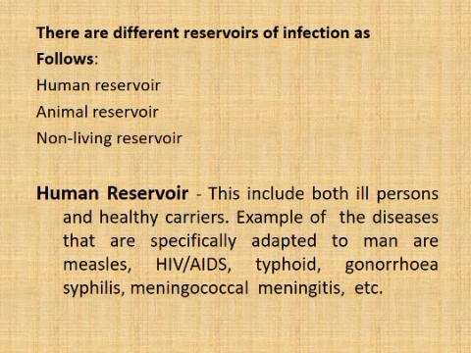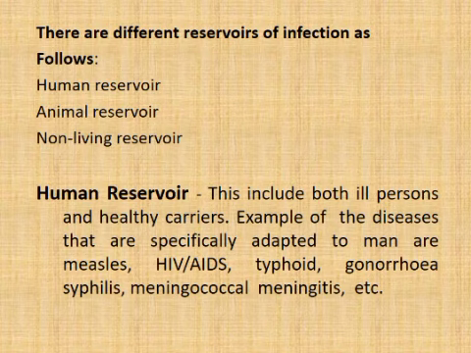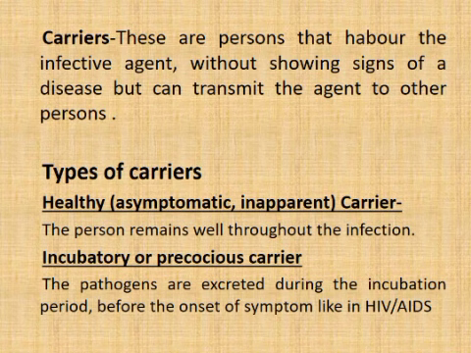Human reservoir includes both ill persons and healthy carriers, as will be explained later. Examples of diseases that are specifically adapted to man are measles, HIV and AIDS, typhoid, gonorrhea, syphilis, meningococcal meningitis, etc. In these cases, man is the only reservoir of infection.